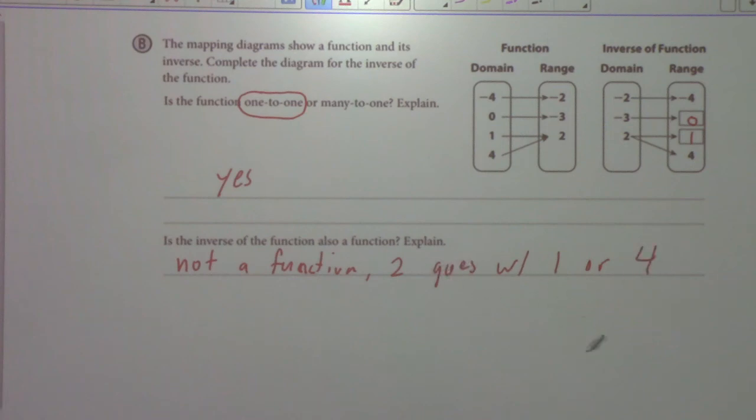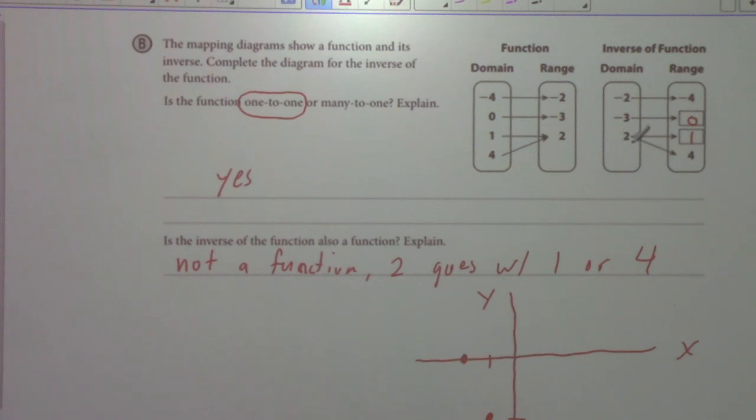So what it is, and if we went ahead and did this on an XY coordinate plane, this is what it would look like. We would have -2, -4 down here, right? So there'd be 1 point. But then we'd have -3, 0.